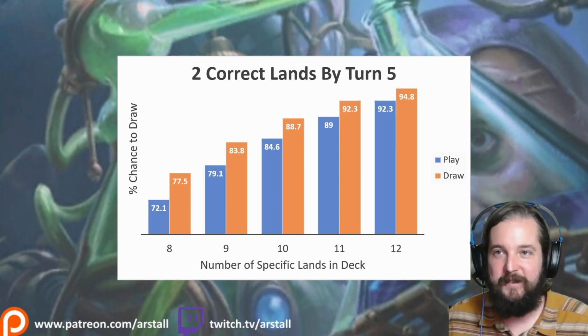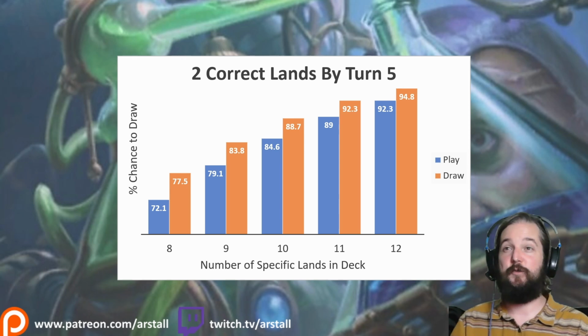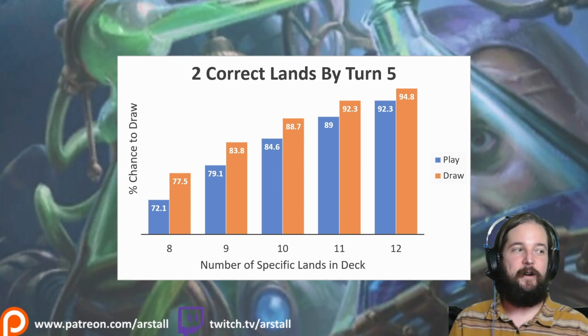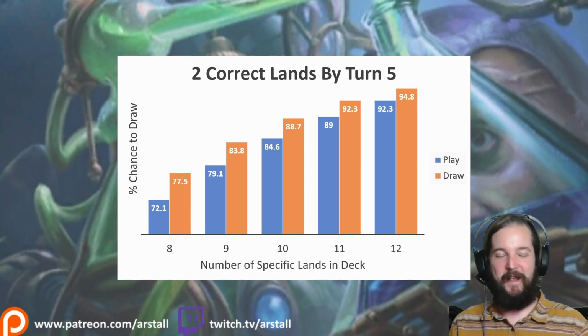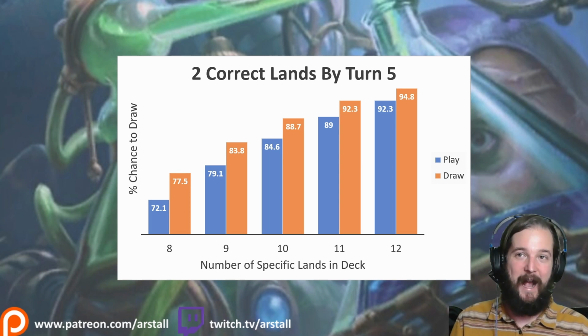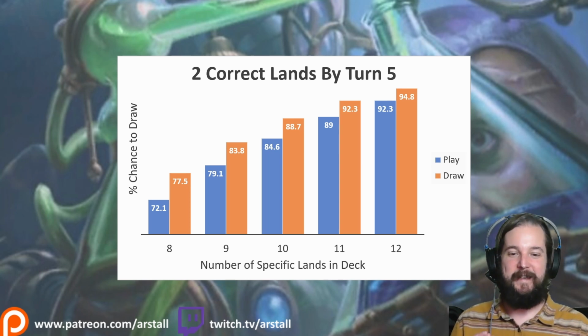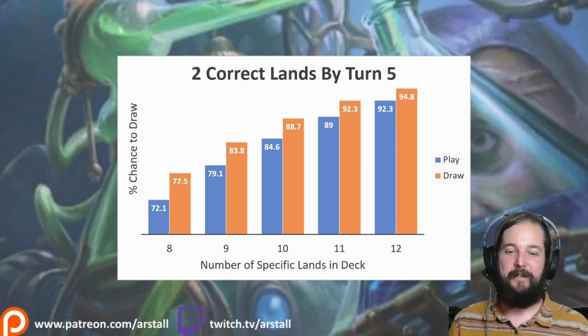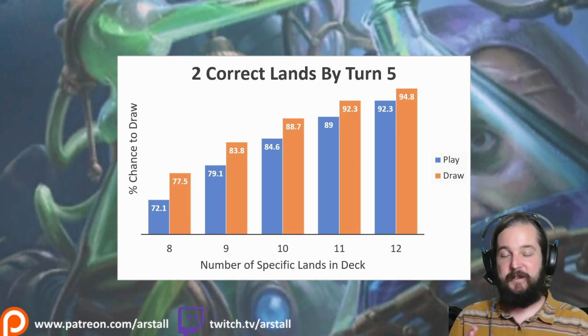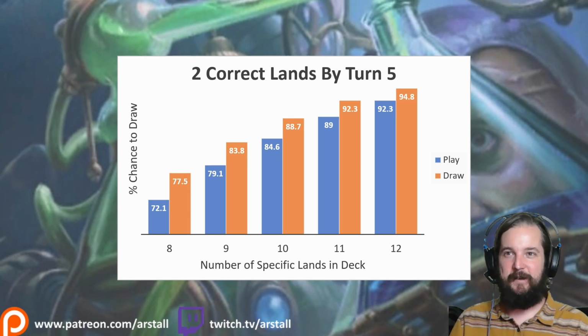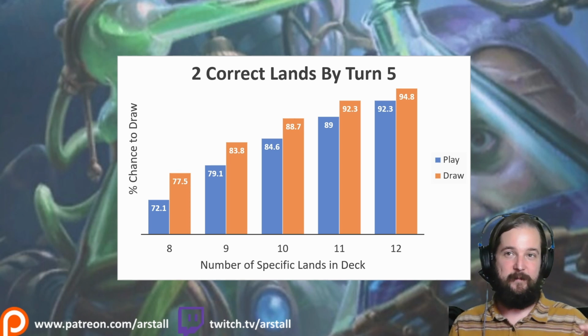And then the other thing is double pips. So two of the correct lands, like if you have a Hellkite that has a double pip in red, or a lot of black removal has a double pip in black. For this one, 90% is a little bit too high. So I start this one off with 10 sources for a double pip.